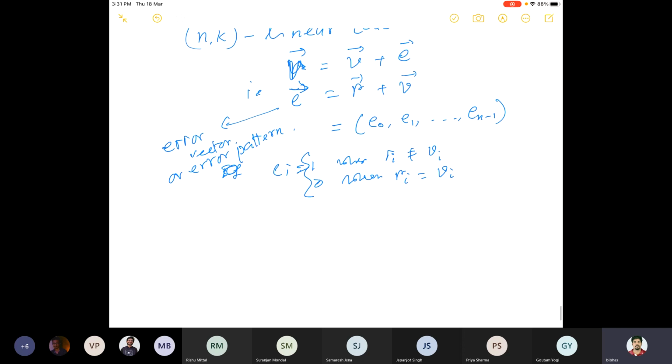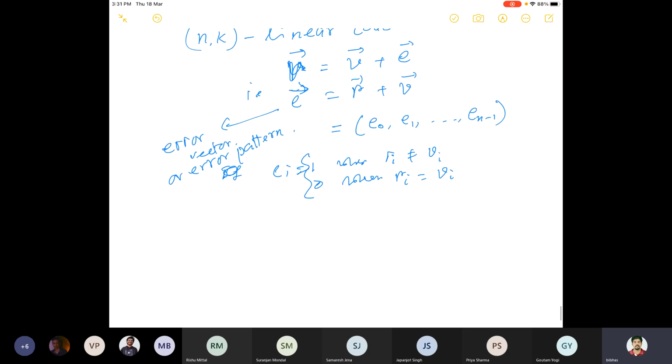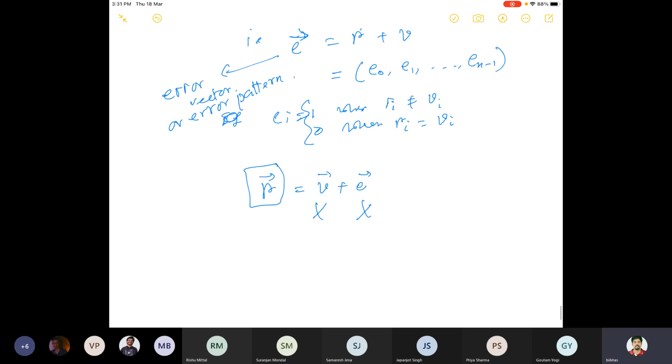So R is equal to V plus E, as I said, and the receiver knows only R. The receiver does not know V, and does not know the error either. So the only thing the receiver knows is R. And the receiver has to decide whether R contains any transmission error or not.